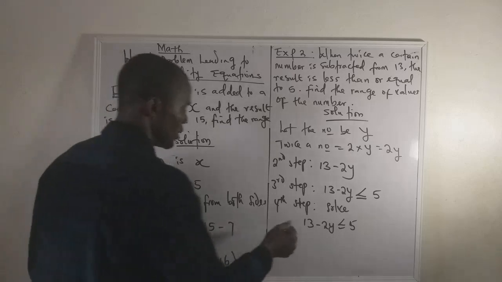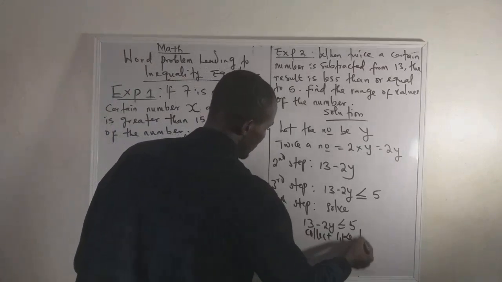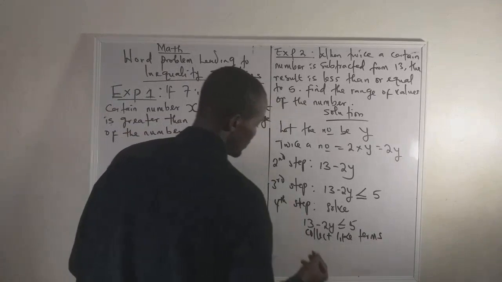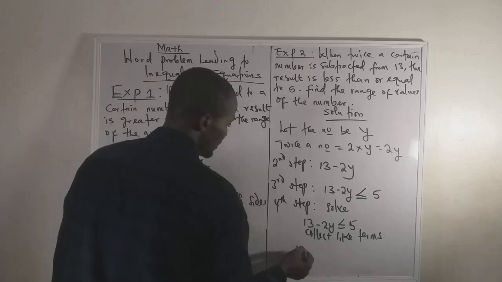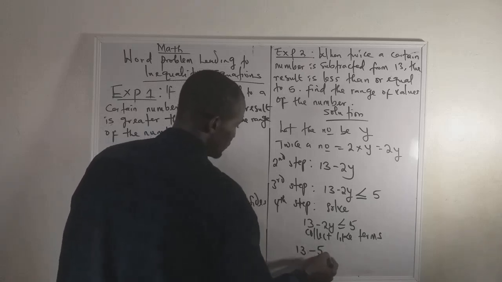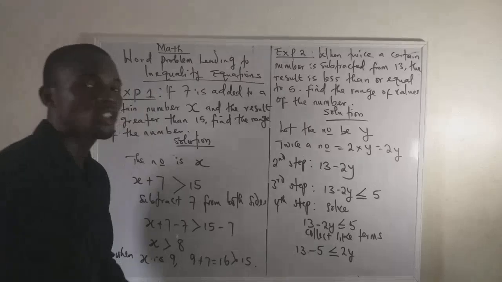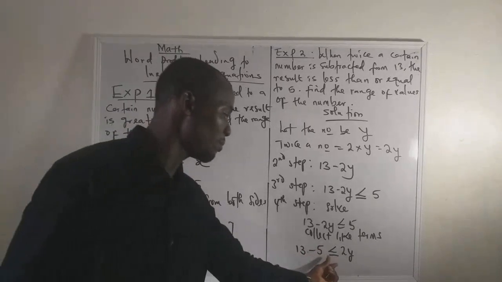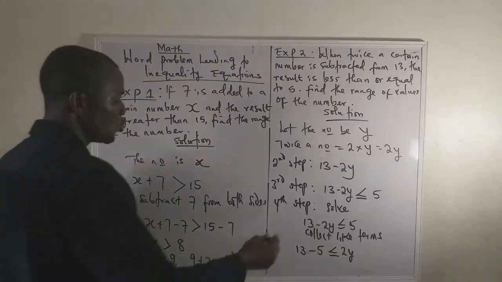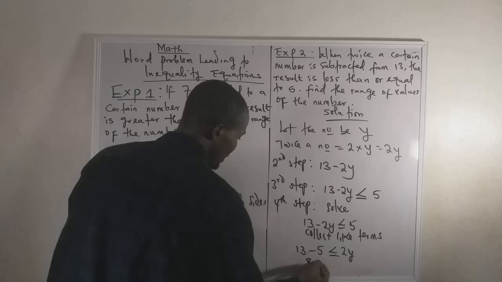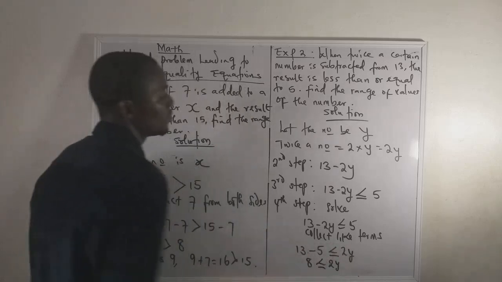Collecting like terms, I have 13 minus 5 less than or equal to 2y. Remember, I'm not changing the orientation of the symbol. It remains like that. So on the left hand side this is going to be 8, while on the right hand side it is going to be 2y.